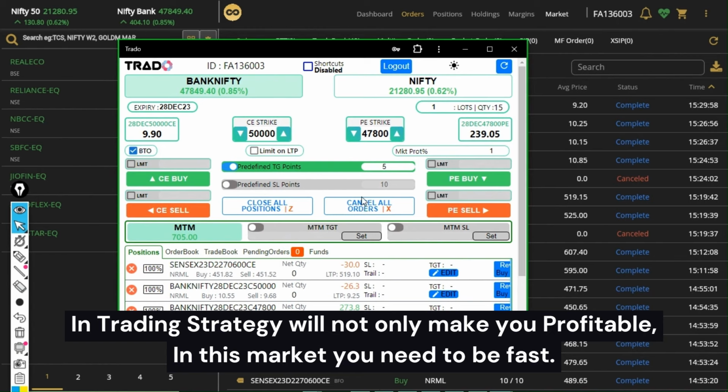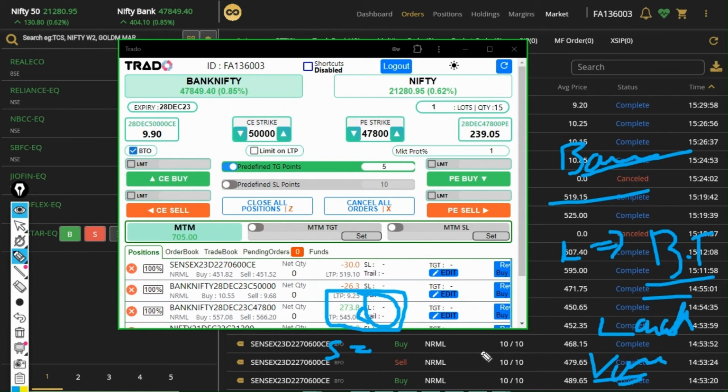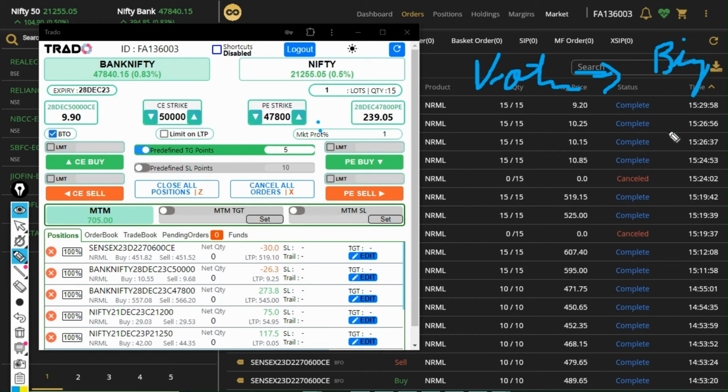But many times a strategy gives profits in your backtest, but when you take trades in the live market, you have to modify your orders and exit your orders from the broker terminal. In that case you most of the time lack speed, and in this volatile market the big players all use algos to punch their orders, so they are always ahead of retail traders.